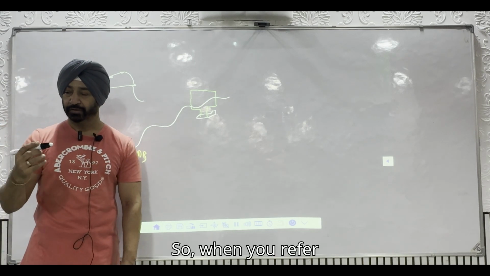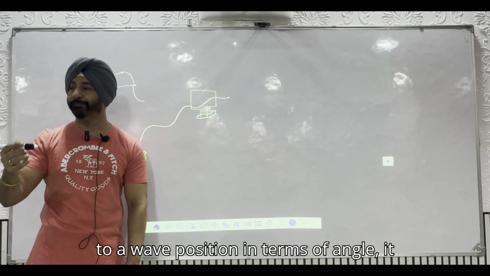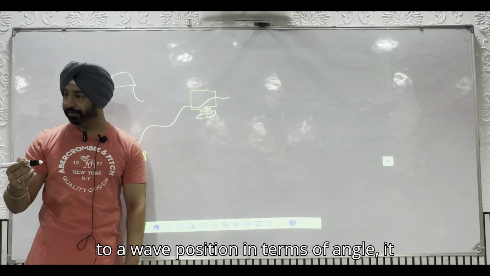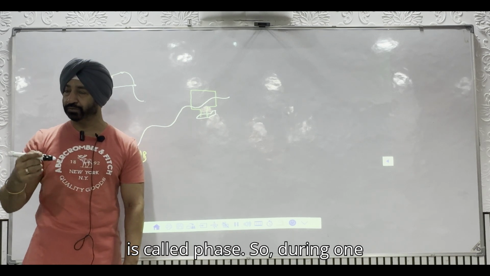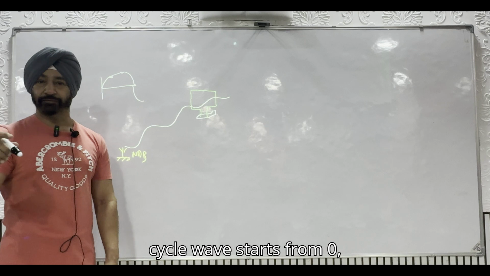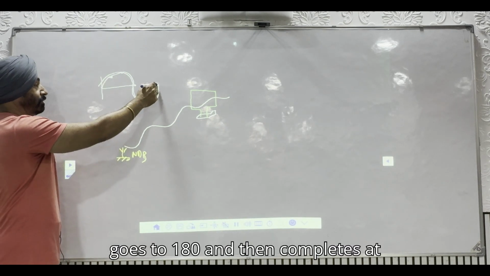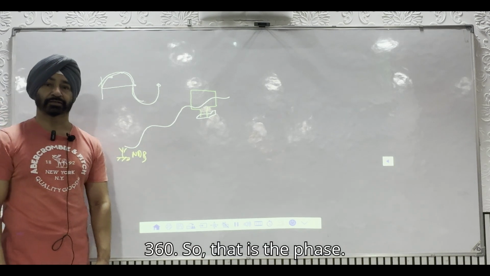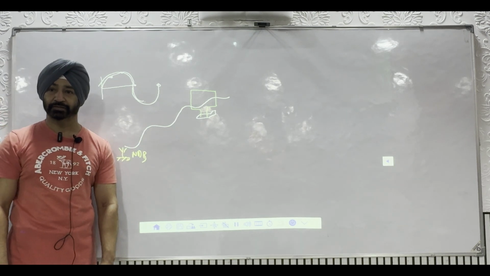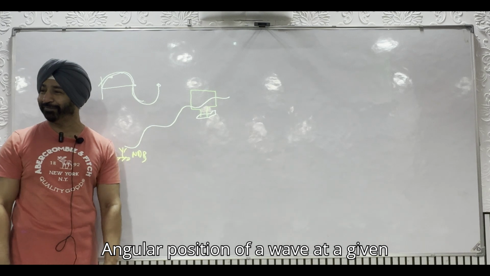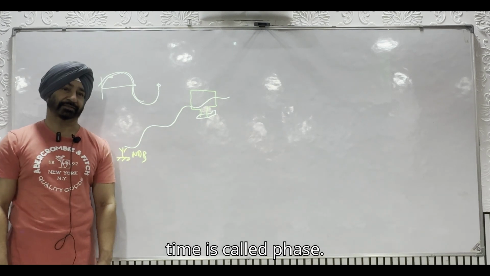So when you refer to a wave position in terms of angle, it is called phase. During one cycle, the wave starts from 0, goes to 180 and then completes at 360. So the angular position of a wave at a given time is called phase.